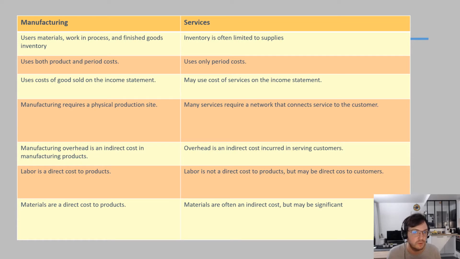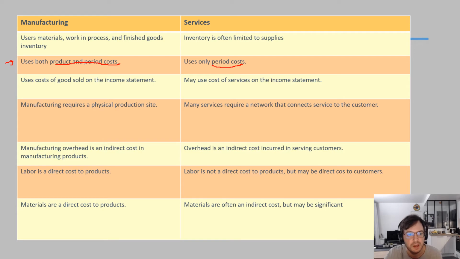Think, for example, of a restaurant. In a restaurant, you don't really have work in process because you're not going to have dishes that have been started and then are unfinished. The second big difference is that manufacturing uses both product and period costs, but normally services only use period costs, unless it's a very specific type of service that offers some level of production.